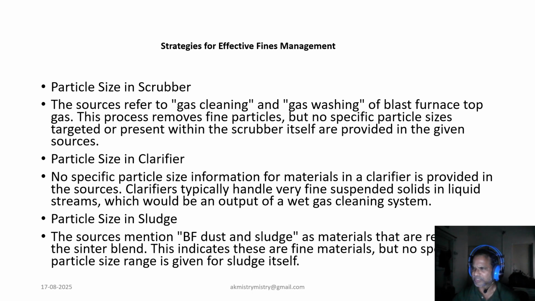Finally, improving burden distribution is vital. Distributing fines effectively across the furnace radius, potentially by using a large number of chute positions, seven or more we can say, for the ferrous burden is important. This helps to mitigate the negative impact of fines on gas flow.